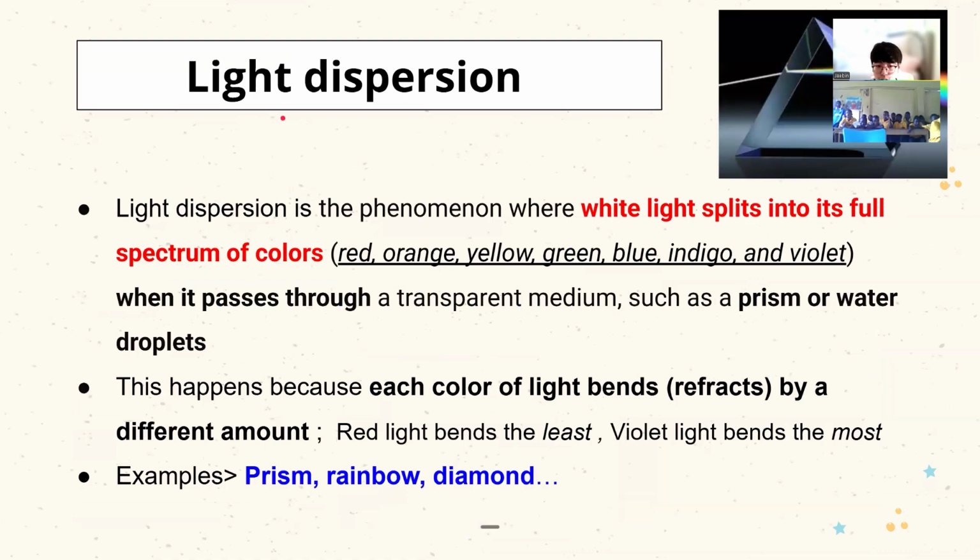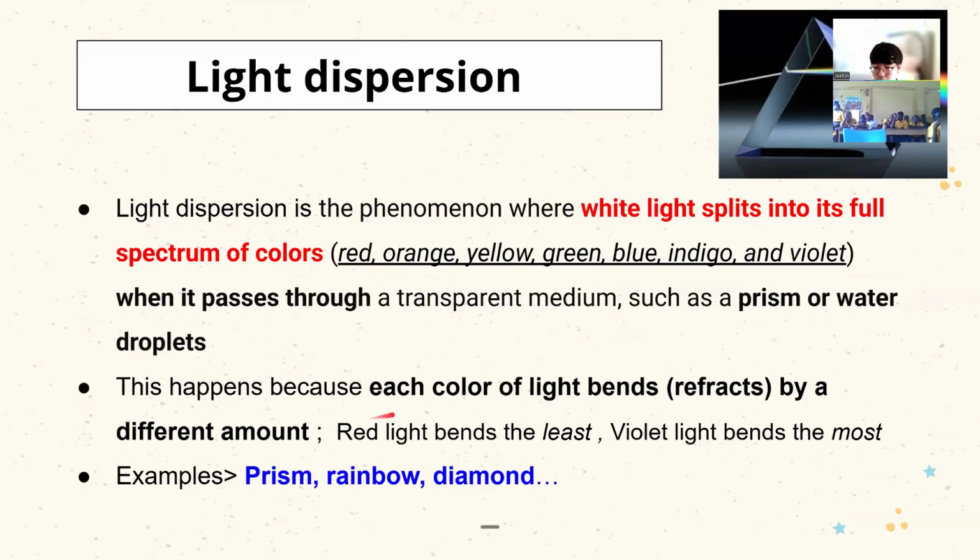And there's also light dispersion. Light dispersion is a phenomenon where white light splits into its full spectrum of colors: red, orange, yellow, green, blue, indigo, and violet. All of those colors are split into distinct colors. This happens when light passes through a transparent medium like a prism or water droplets.